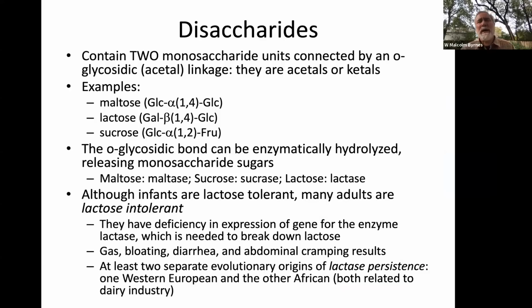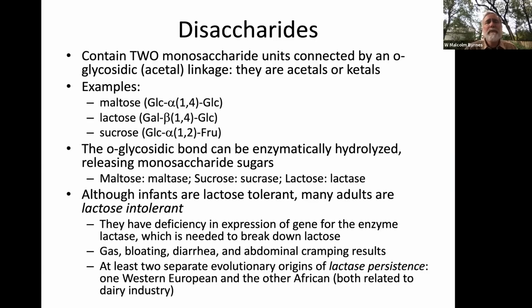Now I'd like to talk about what are known as disaccharides. These are sugars that contain 2 monosaccharide units connected by what's called an O-glycosidic linkage. For a molecule like maltose, which is an acetal, that's called an acetal linkage.